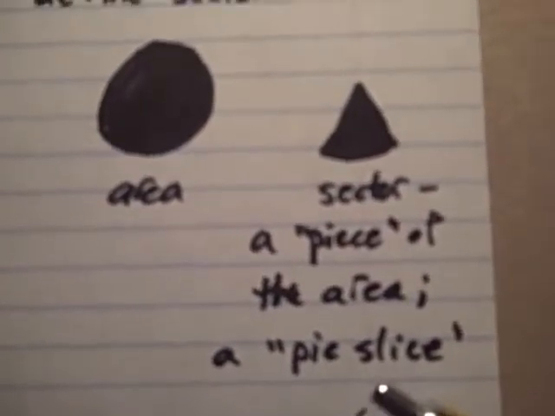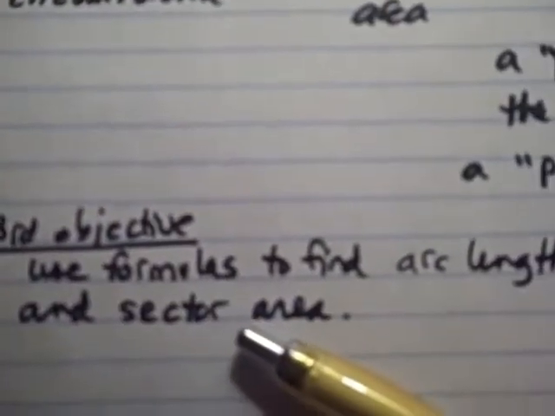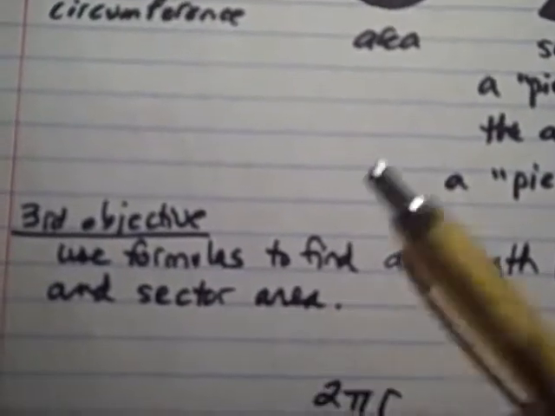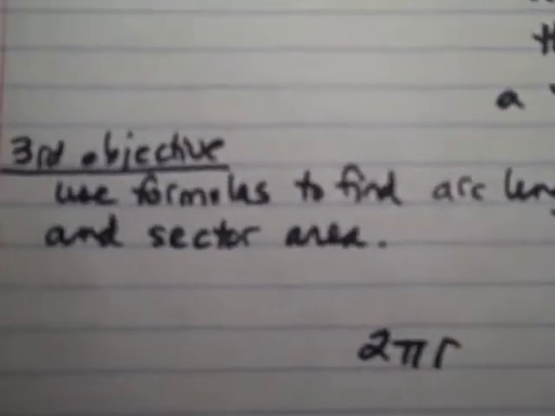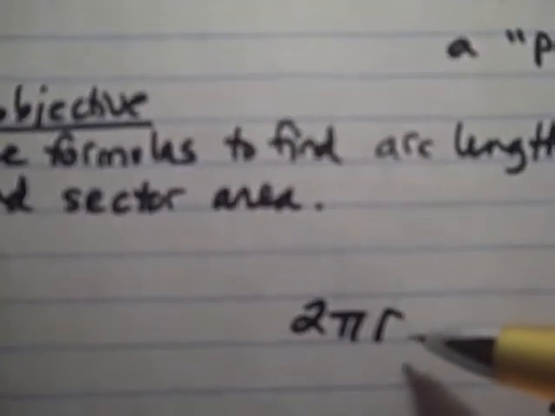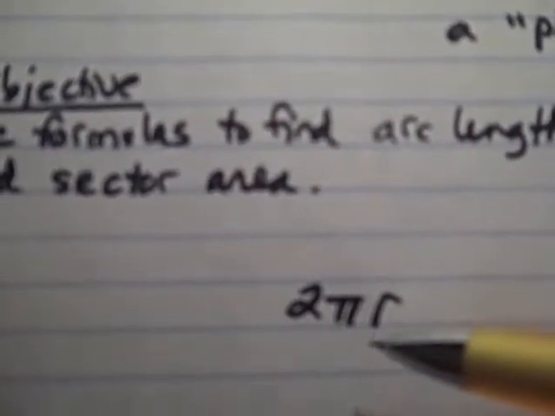Okay? So that brings us to our third objective, which is use formulas to find arc length and sector area. And we can do that. So the interesting thing is, this right here, 2 times pi times r, that's the distance around the whole circle, or the circumference.